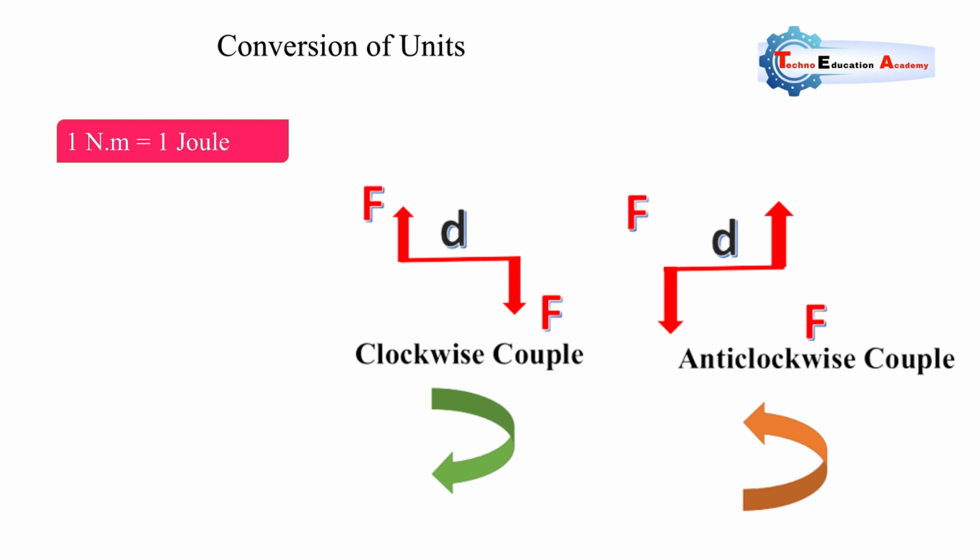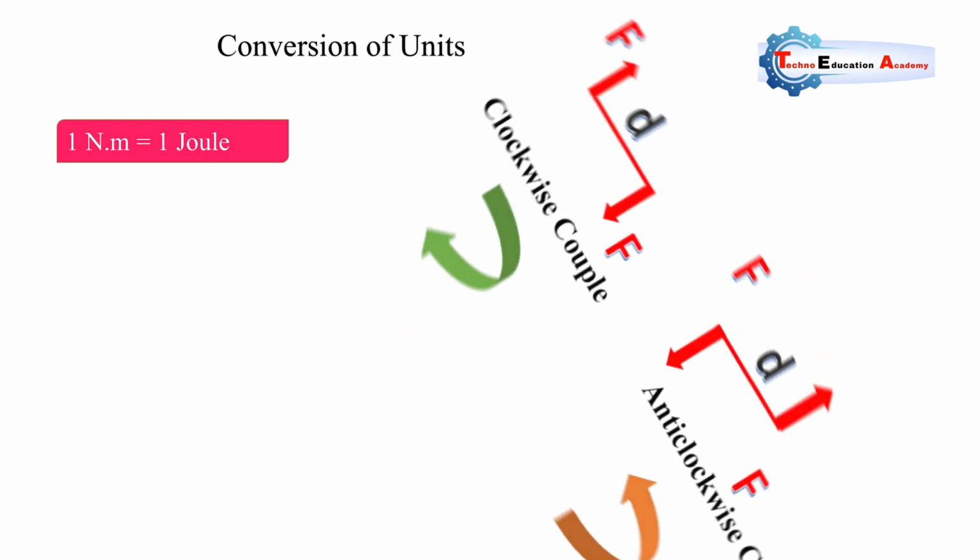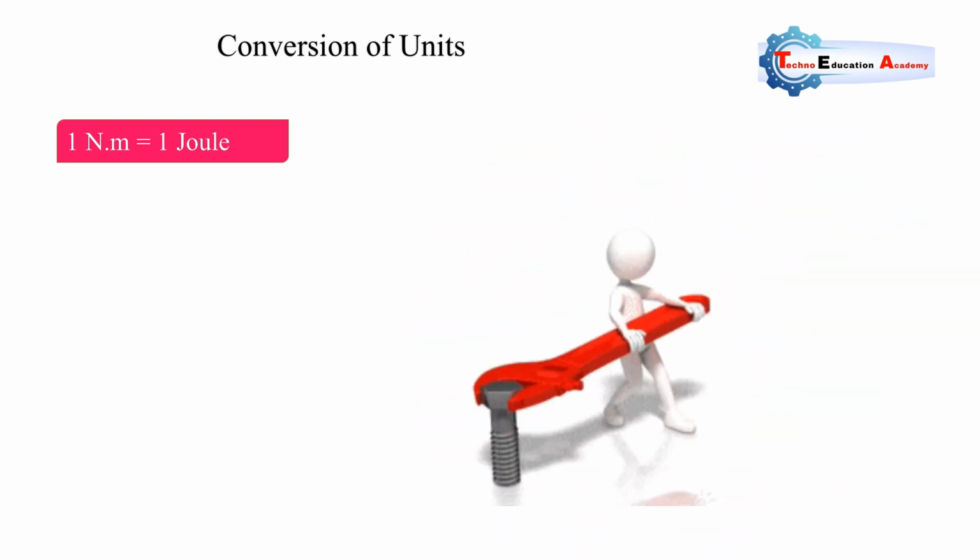Now we will discuss other units. 1 Newton into meter equals 1 joule. It is the unit of couple, torque, moment, and work done. Couple means two equal and opposite forces acting at some definite distance. Its unit is Newton into meter. Torque means force into radial distance.